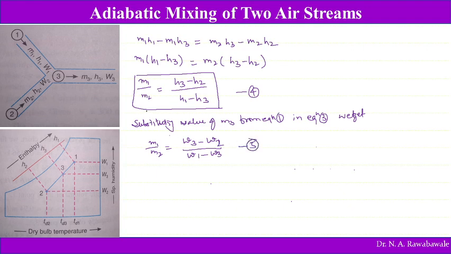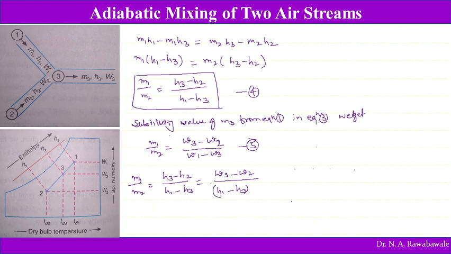So equation number 4 and 5 are the same, the left hand side is the same, therefore we can write a general equation as m1 divided by m2 is equal to (h3 minus h2) divided by (h1 minus h3), which is equal to (omega 3 minus omega 2) divided by (omega 1 minus omega 3). So this is the adiabatic mixing.